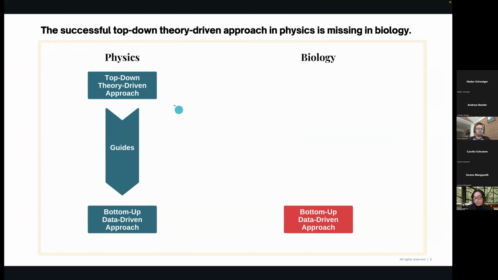And physics has been a very mature discipline since the past century. One defining characteristic of the physics scientific approach is this synergistic combination of the top-down theory-driven approach and the bottom-up data-driven approach. More predominantly in physics, it's usually the case that theoretical physicists, first and foremost, come up with comprehensive, detailed, rigorous theory and make lots of predictions.